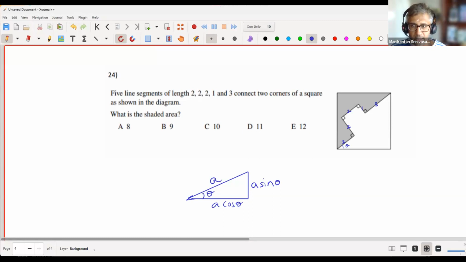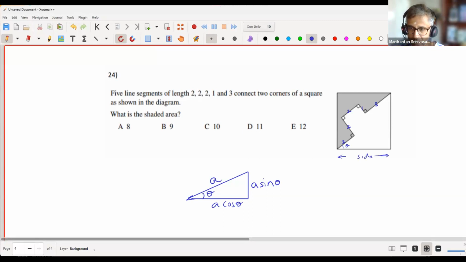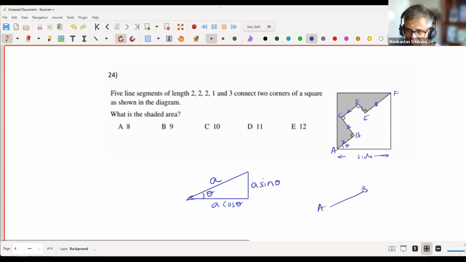This is the side length of the square. Let me mark this A, B, C, D, E, F. So AB is like this, which means the horizontal component of this, if this is 2, is 2 cos theta.